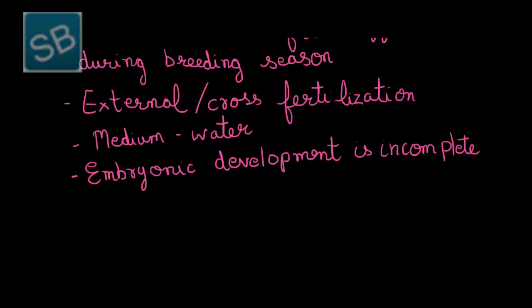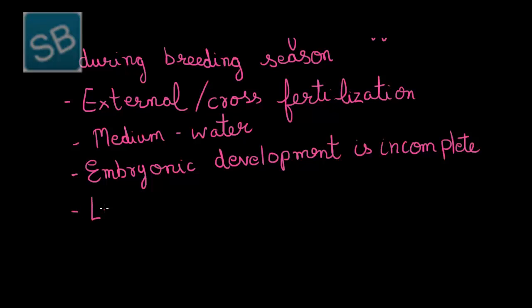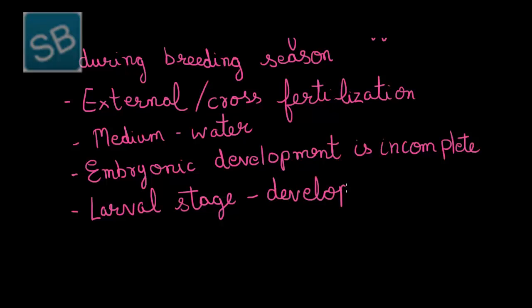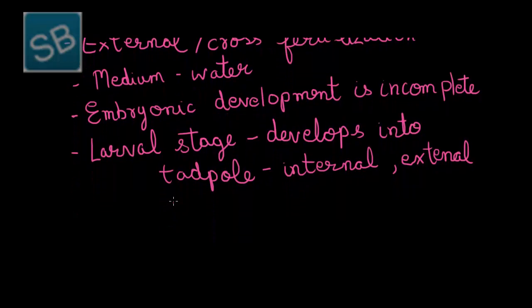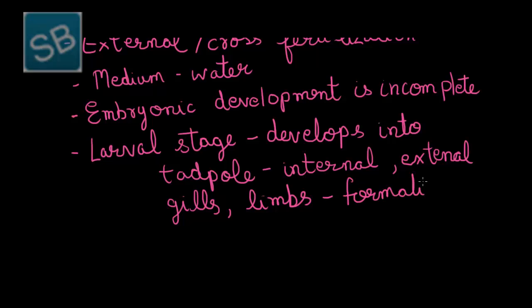Thus, during embryonic development, first of all, the larval stage occurs, which gradually develops into a tadpole with gradually increasing features like internal, then external gills, then limbs, finally resulting in the formation of a young frog.